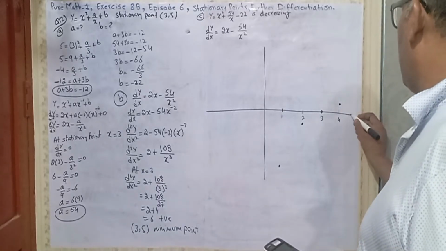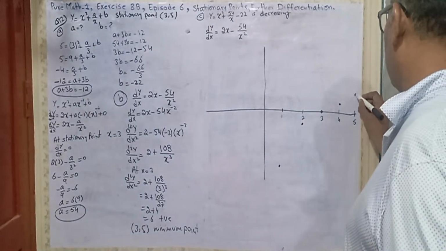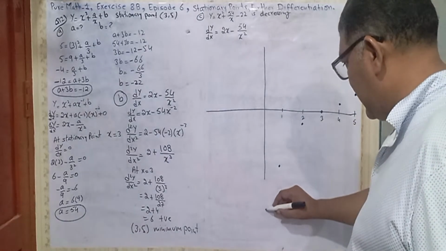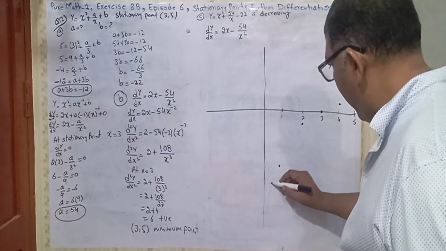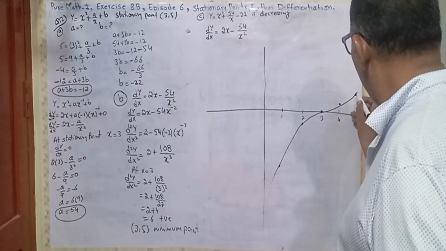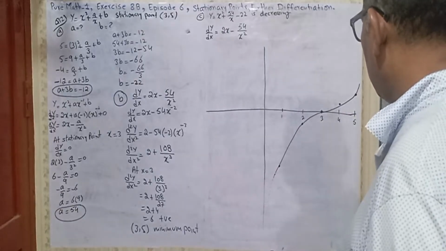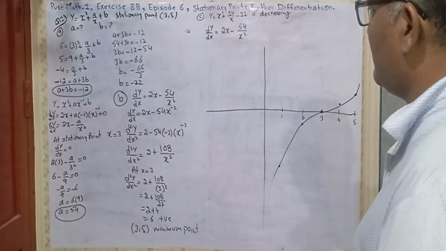Okay, and what will be the value at 5? 2 into 5 minus 54 divided by 5 squared, so that will be 7.8. So it will be here somewhere. So the graph is coming, this is the infinite. It's going like this. After this point the graph has gone into the positive portion.